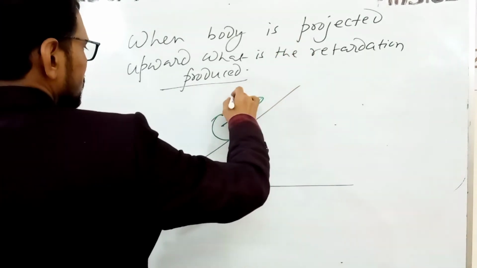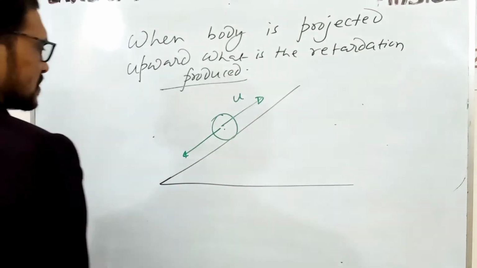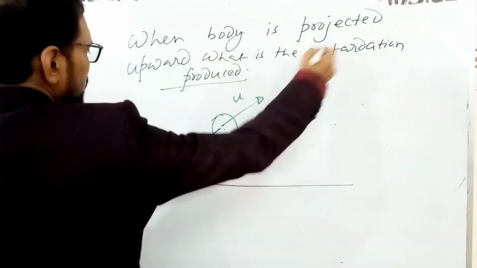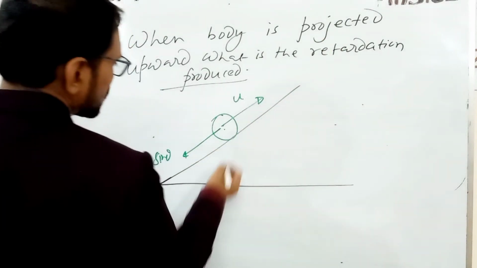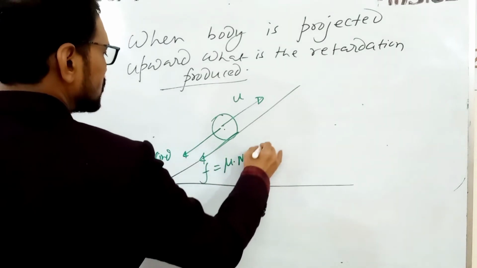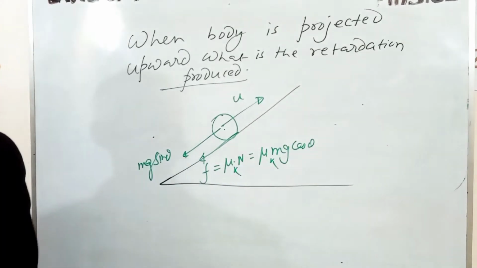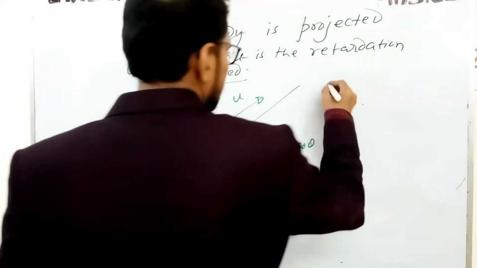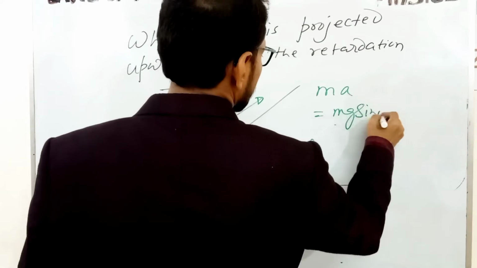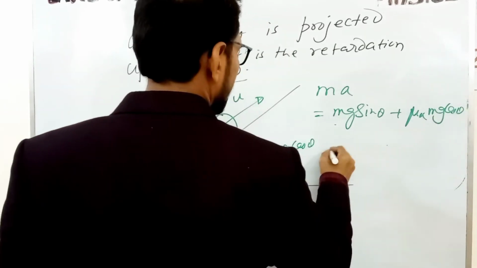Retardation is produced due to two forces. One force is mg sin theta acting in this direction, and since the body is projected upward, the friction force acts along the downward direction. Friction equal to mu into N, which is equal to mu into mg cos theta, kinetic friction. So for the retardation a, ma equal to mg sin theta plus mu k into mg cos theta. So a equal to this.